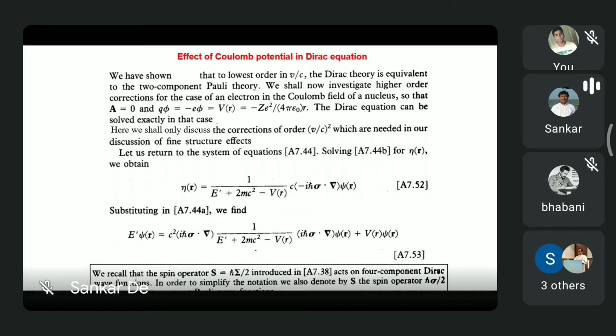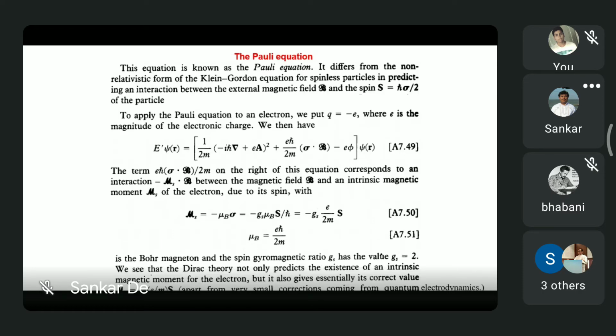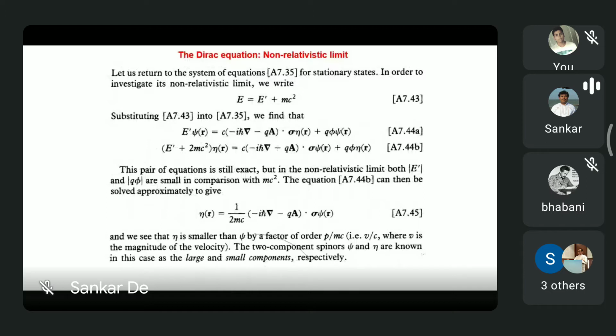Therefore we return back to the set of equations 7.44, which defines the non-relativistic limit to the energy E dash. Here we are getting the psi and eta values, and we have also got the eta value in this form at 7.45.